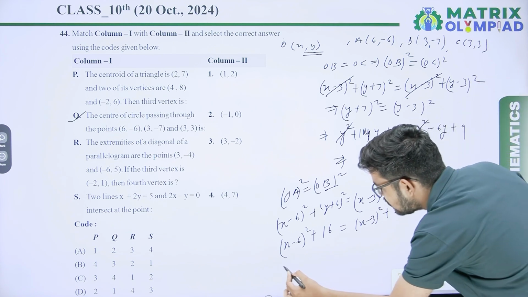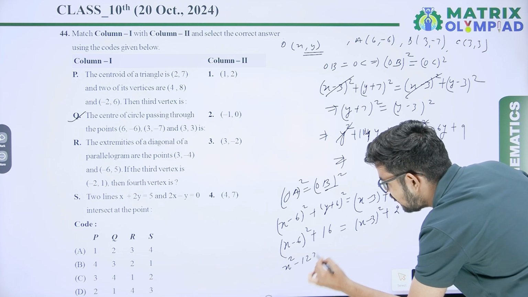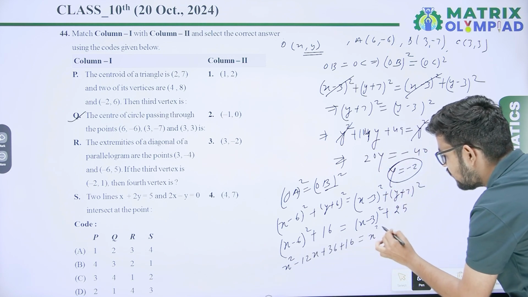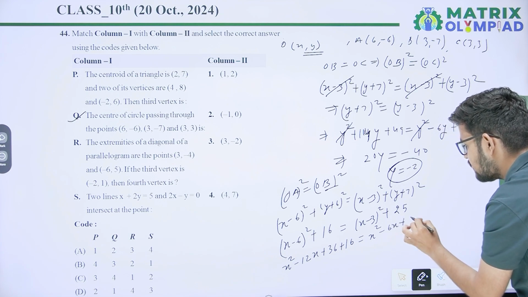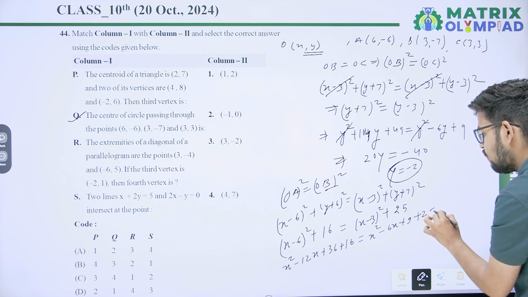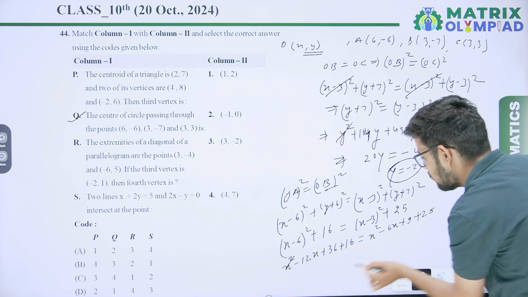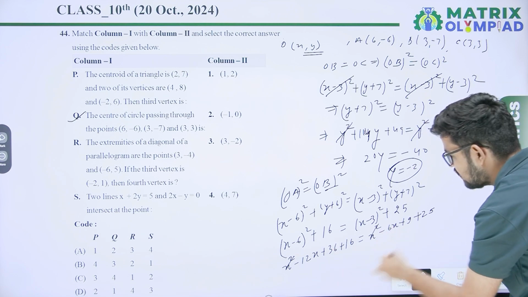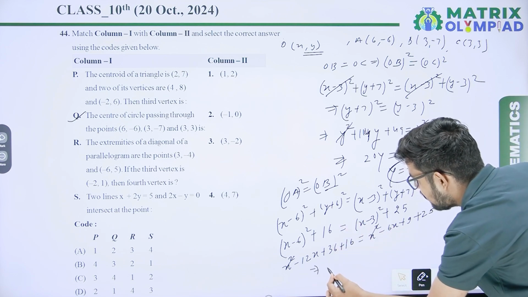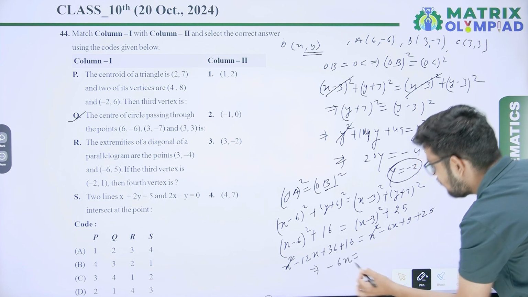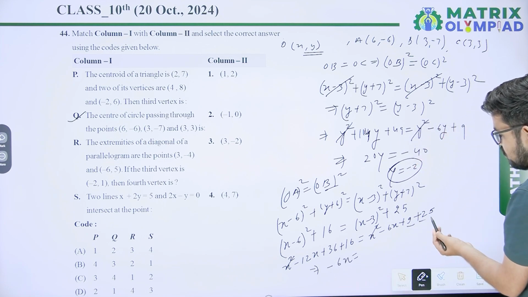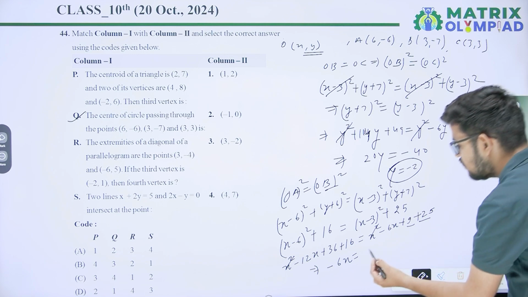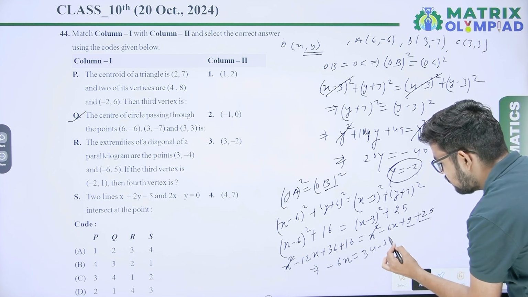After simplification you will get x square minus 12x plus 36 plus 16 equals x square minus 6x plus 9 plus 25. The x square terms cancel out, minus 12x, and when 6x goes to the LHS you will get -6x equals 9 plus 25, that is 34, minus 52.